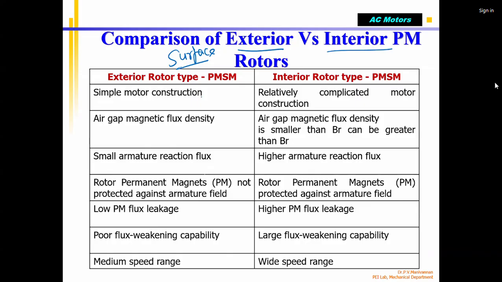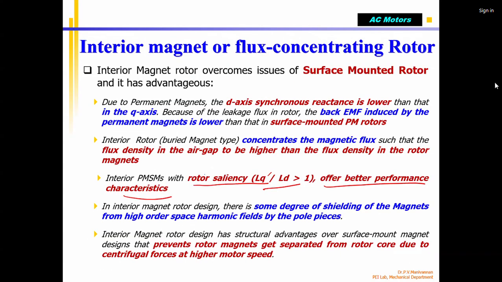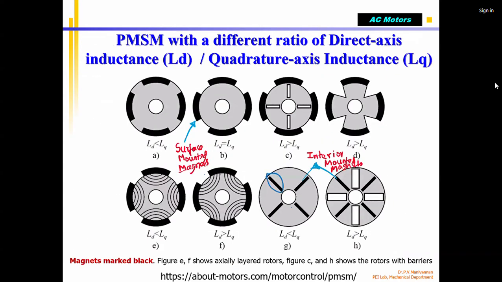So the advantage: this is a simple construction. The interior is relatively complicated in manufacturing and construction, because you have to make a slot inside, correct? Compared to this, where you just bolt it. The exterior fixing is simple; you can make a stud or screw and fix it.